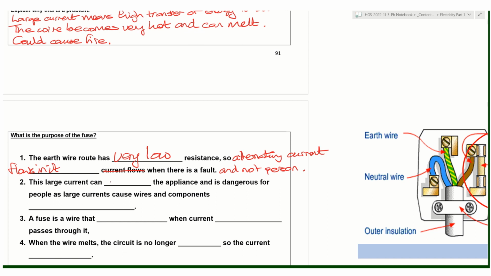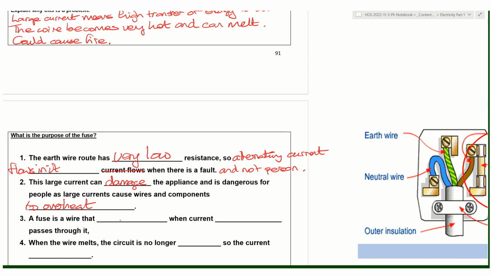However, this large current can damage the appliance and is dangerous for people because it causes wires and components to overheat, potentially melt, potentially catch fire. A fuse is this little sort of cylinder that's beside my live wire.